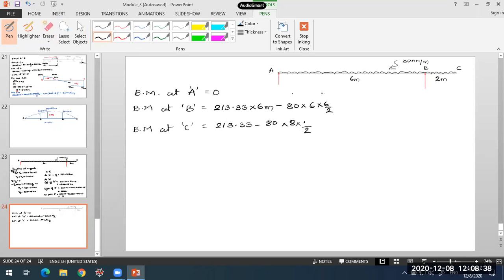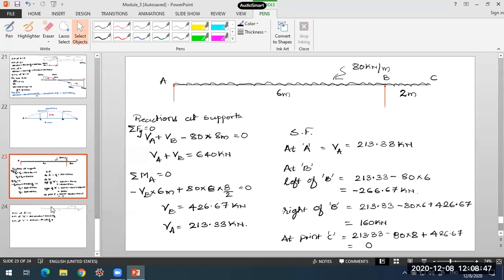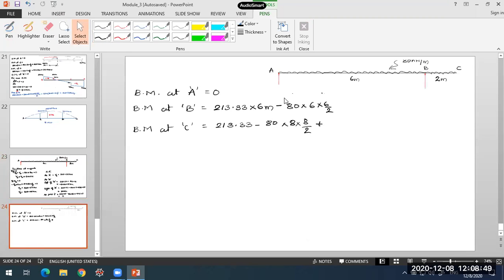At C and at B, plus this is 400 and due to VB 426.67 into 2 meters. Please calculate.